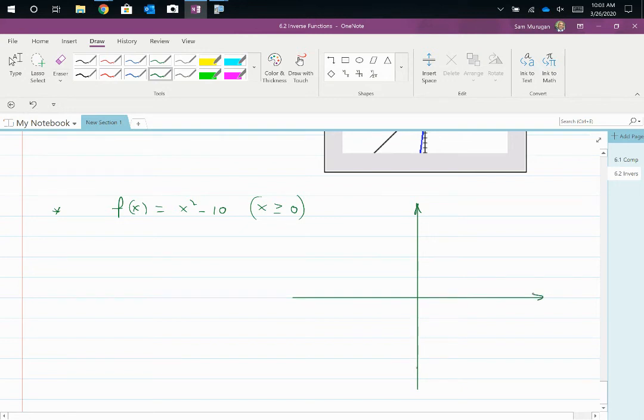So we're going to mark 10 right here, and we're going to mark 10 right here. This is negative 10, negative 10. This is, of course, y and x.